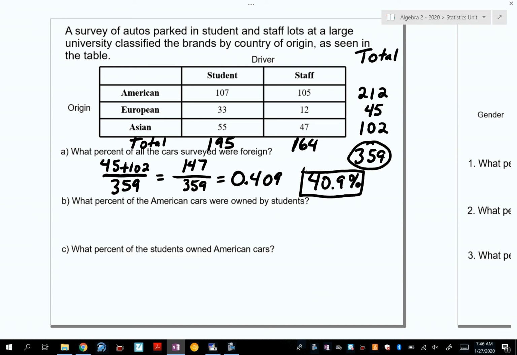Yes, Aaron. So all I did was once I had the calculator set 0.409, I moved the decimal over in my head 2 places. So 1, 2, so 40.9%. If you want to actually do it in the calculator, just put times 100. Yes, because percent means per 100 in Latin.